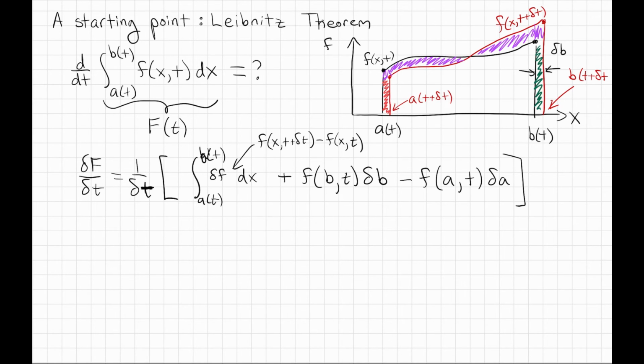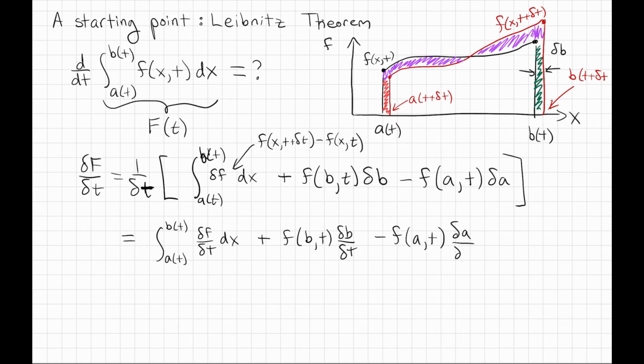To calculate the derivative, all I need to do is turn the little differentials into derivatives and take the limit of delta t going to 0. That creates a series of derivatives: the partial derivative of the function f with respect to t, and two others that have to do with the derivatives of the limits with respect to time, which in other words is the velocity.